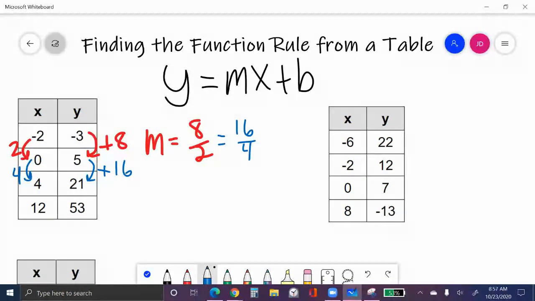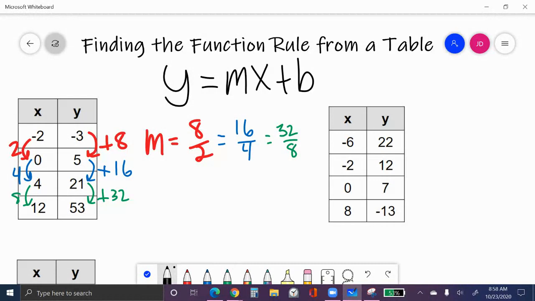And 21 to 53 goes up 32 over 4 to 12, which goes up 8. So 32/8. All of these have the same ratio: 8/2, 16/4, 32/8. The simplified ratio is 4. So my slope for this is 4, or 4 to 1, but we usually don't write 4/1 as a fraction.